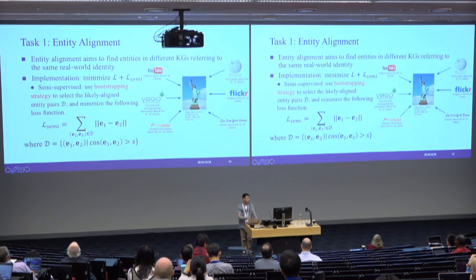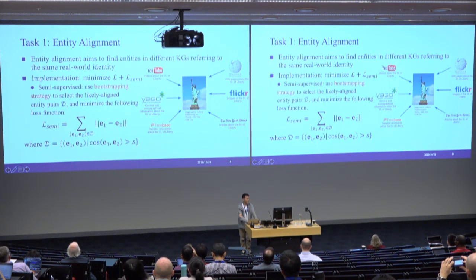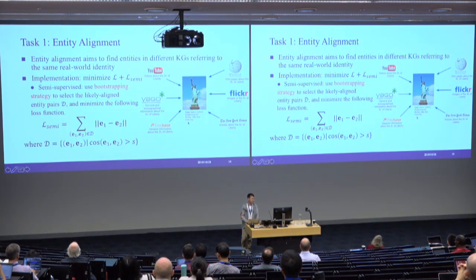We deployed our approach to two different tasks. The first is entity alignment. Here is a real-world object. However, it has different URIs in different knowledge bases. So entity alignment is to find the entities in different KGs which refer to the same real-world entity. To tackle this problem, we minimize this loss function.